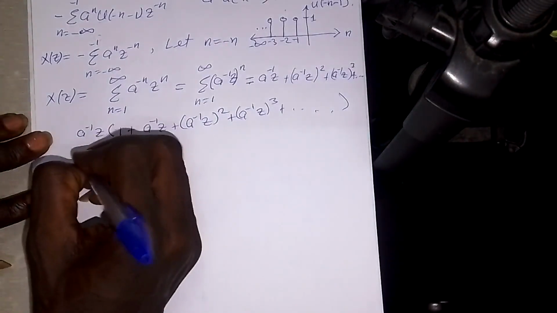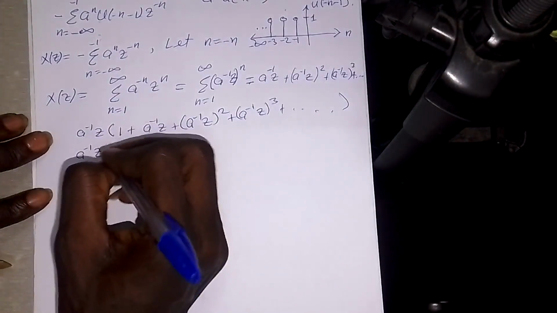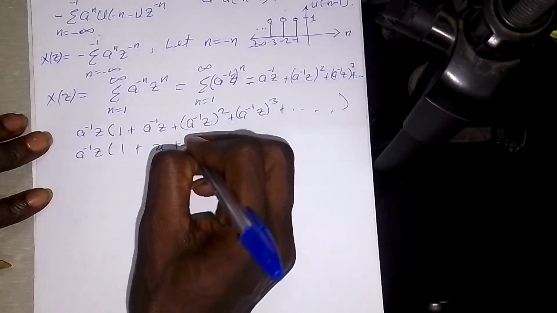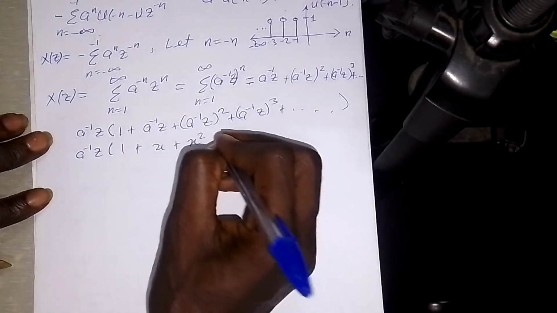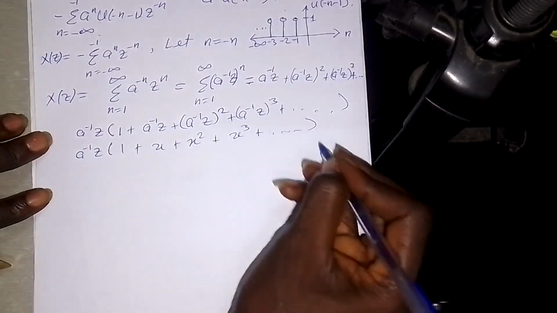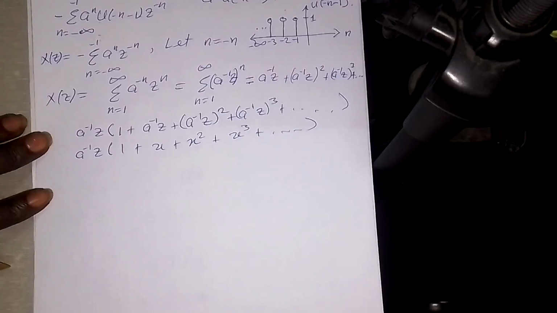So I'll have A exponent minus 1 Z into 1 plus X plus X squared plus X cubed, up to infinity.